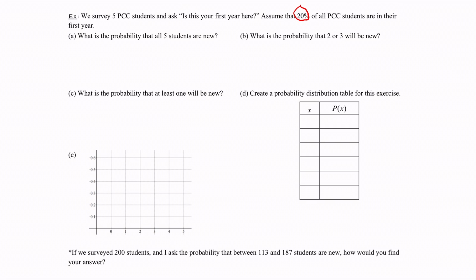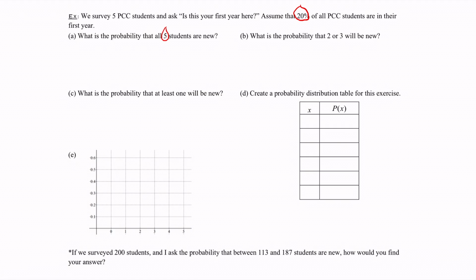We're asking 5 students, so we're doing the experiment 5 times, with n equals 5 the number of trials. And because here we're looking for all 5 students to be successes, the x that we're looking for is 5. So in our binom PDF formula, we can list out those values.